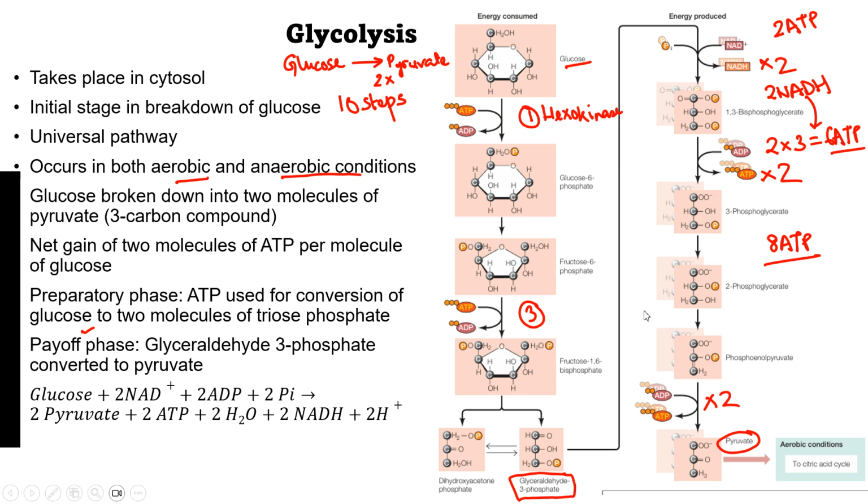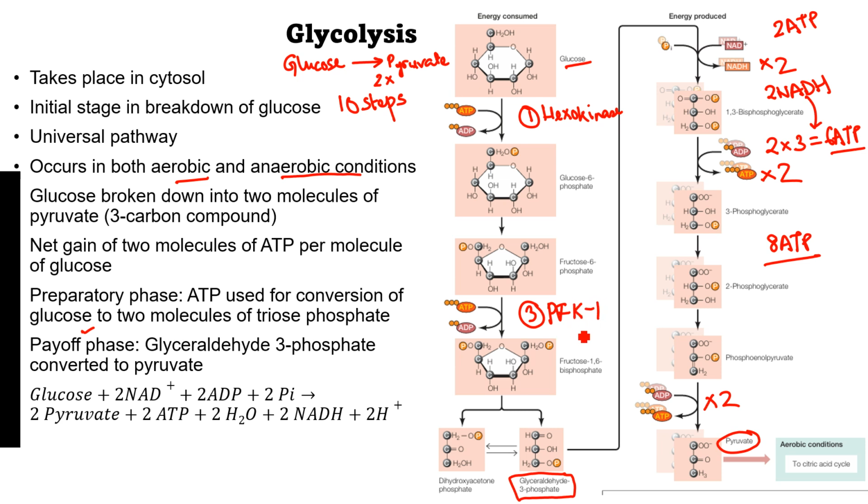Okay, so these points are clear, right? Now there is another important enzyme, phosphofructokinase 1. This is known as one of the regulatory steps for the control of glycolysis, and it is also known as the pacemaker enzyme of glycolysis.